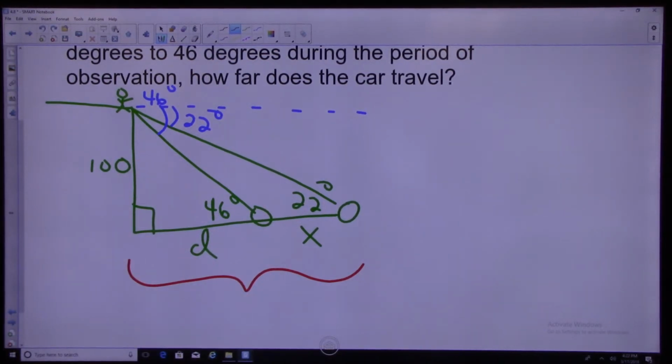There's more than one way to set this up. Let me just think of how I want to set this one up here in this problem. Okay, I think I'm ready here.